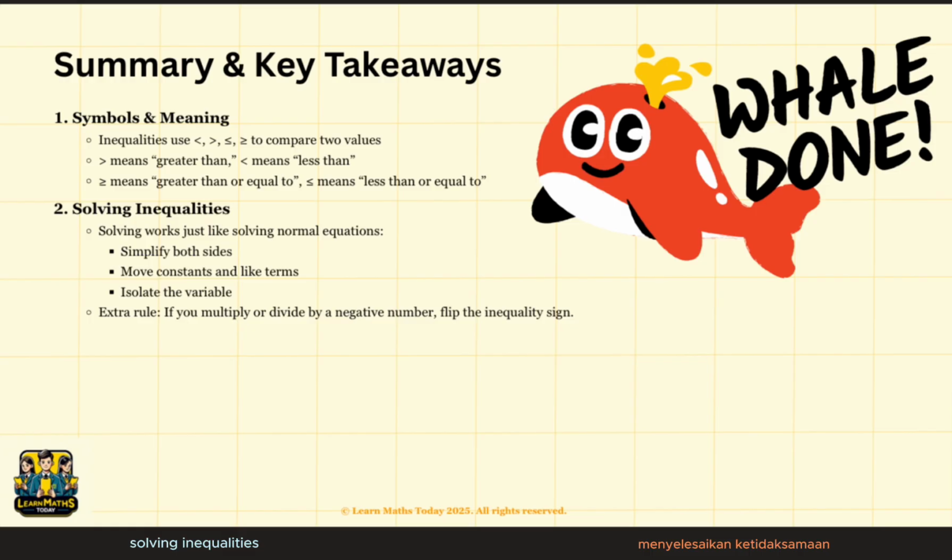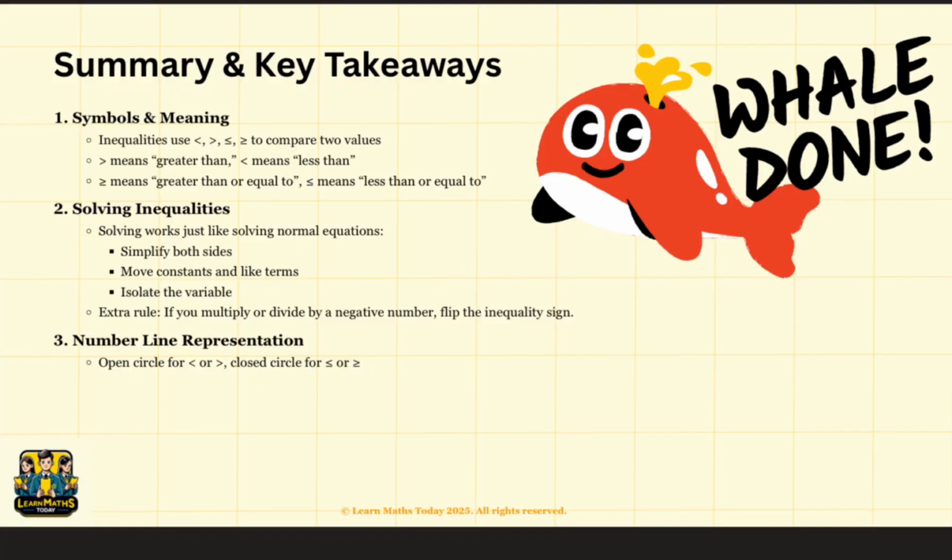Solving inequalities works almost the same way as solving equations. Simplify both sides. Move constants and like terms to isolate the variable. Extra rule: if you multiply or divide by a negative number, flip the inequality sign.